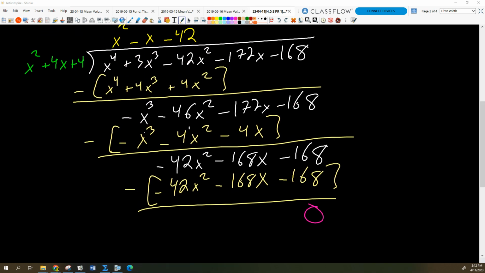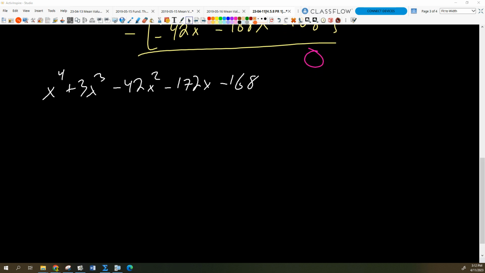So if we're going to factor this, x to the fourth plus 3x cubed minus 42x squared minus 172x minus 168 is going to break apart into x plus 2 squared, right?